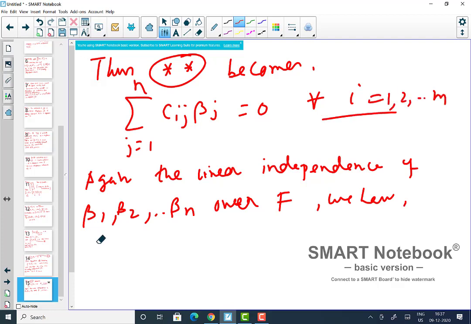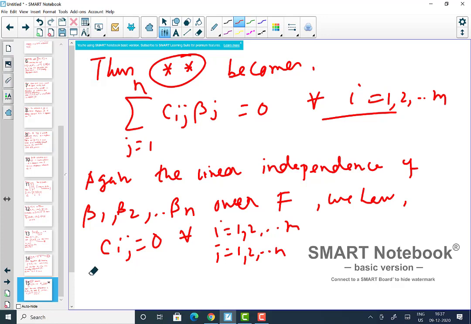What do we have? We have Cij is 0, and that is true for every i, for all i equal to 1 to m and j equal to 1 to n. So this is my goal actually.